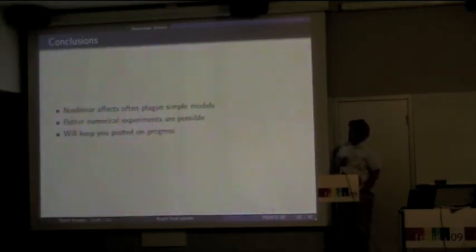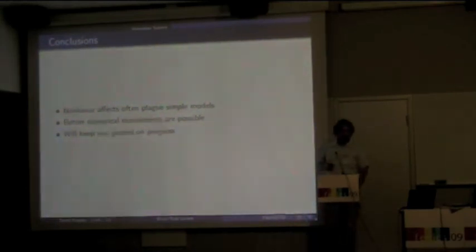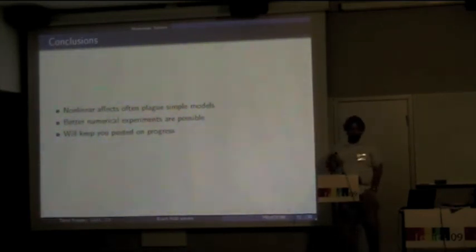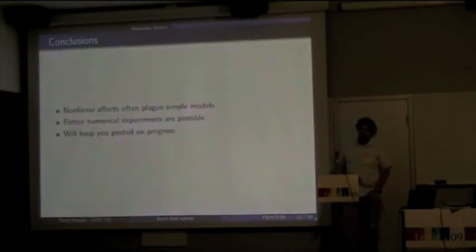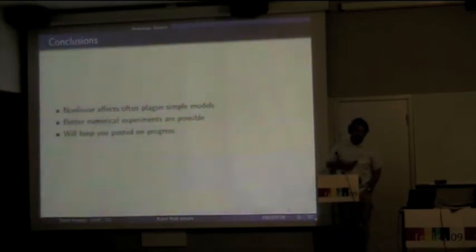Better numerical experiments are possible. We always know this. This is why we keep working. I'll be sure to keep everyone posted if I have any more. We're working on the paper to write up our simple model, but we're continuing our efforts to use these homotopy solvers. And hopefully Jan Verschelde will help us make it much, much faster on the homotopy side.